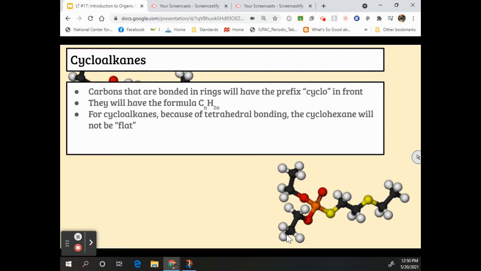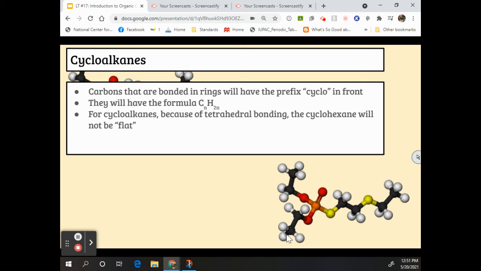Okay, the last thing to talk about are cycloalkanes. So they are carbons that are bonded in a ring or a circle in some cases. And in order to name these, you put the prefix cyclo in the front, like cyclohexane that we've heard of before. They will have the formula CnH2n, n being the number of carbons once again, and then you double that to get the number of hydrogens.